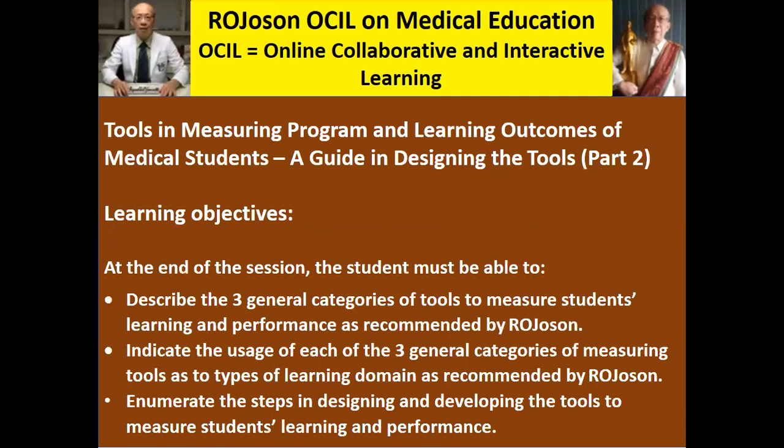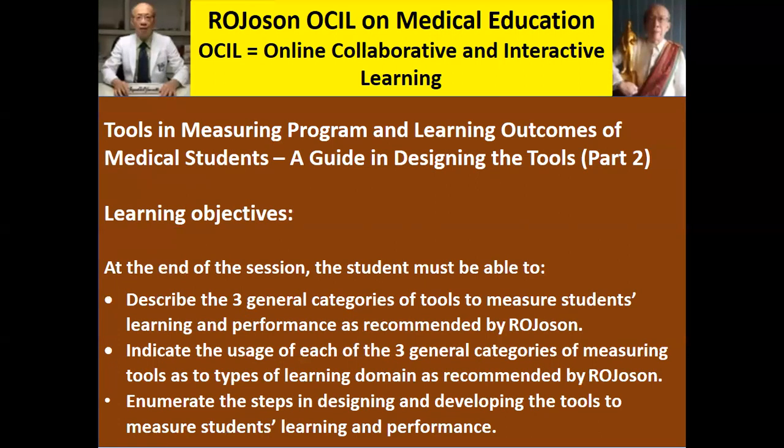The learning objectives for this particular topic will be the following. Number 1, describe the 3 general categories of tools to measure students' learning and performance as recommended by Dr. Hawson.